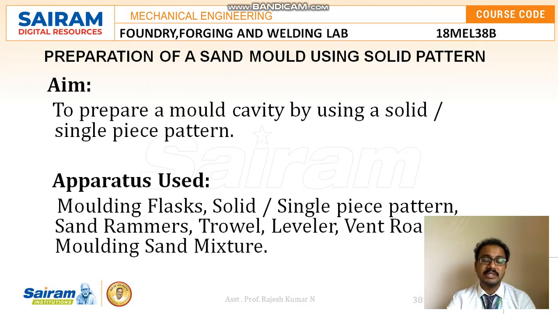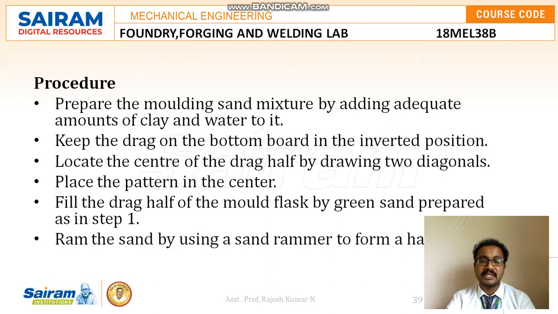Vent rods are used for preparing the risers and runners. And finally the molding sand mixture is very much required, because with the help of clay and some silica, the normal sand, we prepare this molding sand mixture.